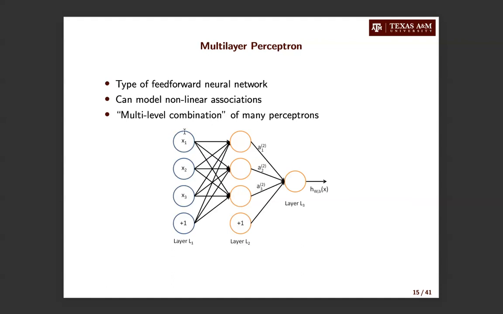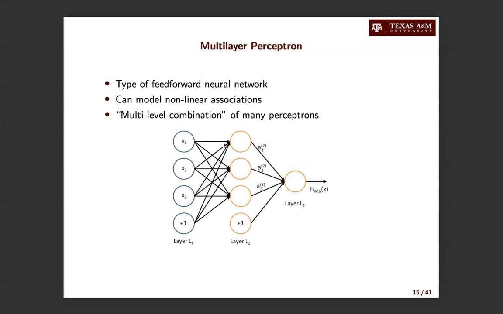So this means that input X1 is connected with a given weight to the first hidden node, but also with a different weight to the second hidden node and a different weight to the third hidden node. And the reason for that is because we are trying to have different types of representations as a result of each of these hidden nodes.